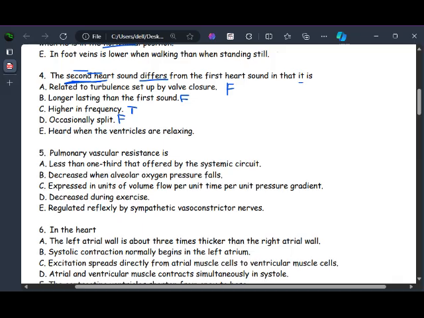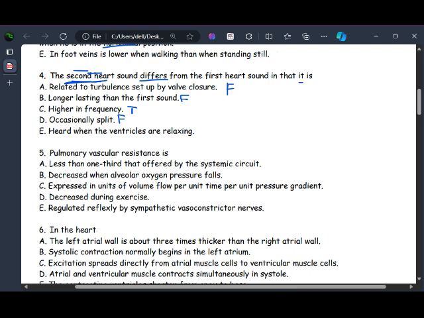Another source of asynchronous valve closure is that when the ventricles contract, you have two semilunar valves: one in the opening to the aorta, the aortic valve, and one in the opening to the pulmonary circulation, the pulmonary artery.